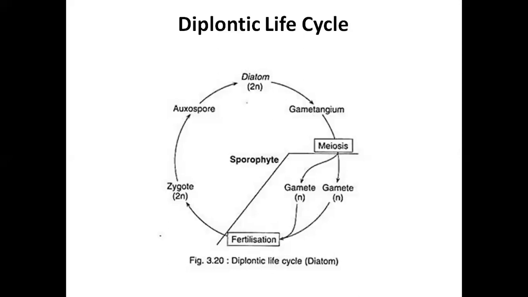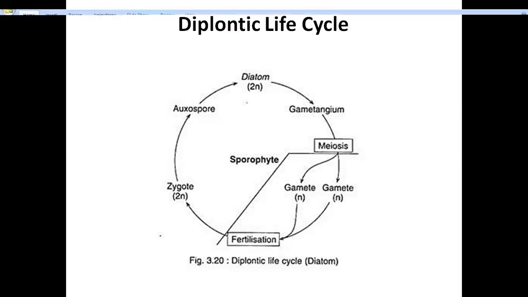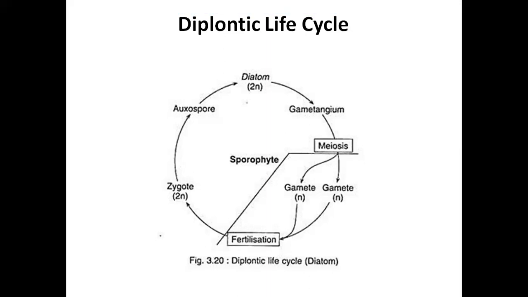Now coming to the next, the diplontic life cycle. Now in the diplontic life cycle, the plant body is sporophyte. The plant body will be sporophytic only. Sporophyte means it will be diploid. That means it is 2n. I have already stated that sporophyte means 2n. Now the sporophyte will develop sex organs. Now the sex organs will produce gametes.